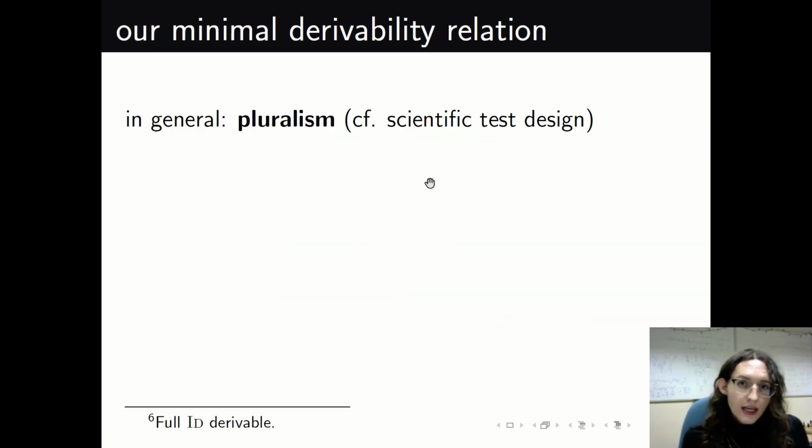All right. Now, in general, if we look again back at scientific test design, we should be adopting a kind of pluralism about a minimal derivability relation. In science, the way we design our experiments varies vastly and mostly depends on pragmatic desiderata.